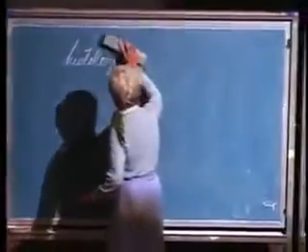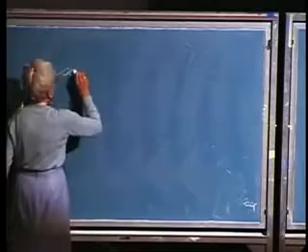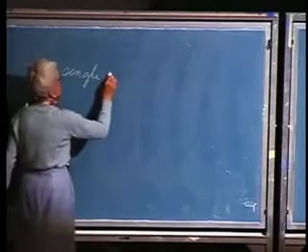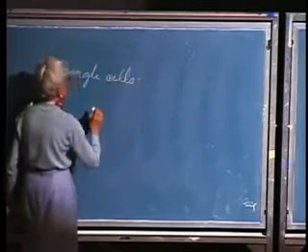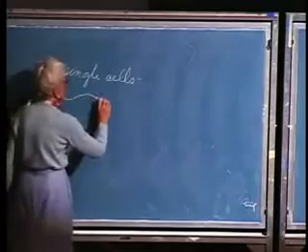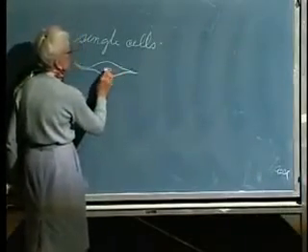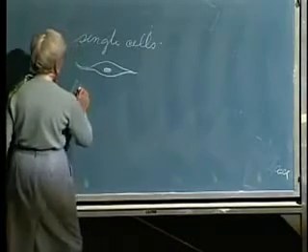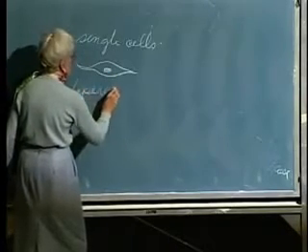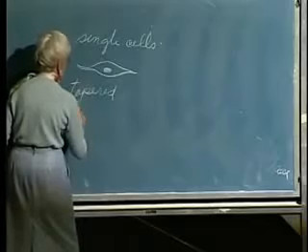Now, as we look at this muscle, it consists of single cells and these cells are tapering. They have a central nucleus.